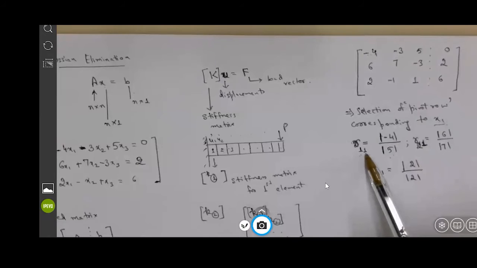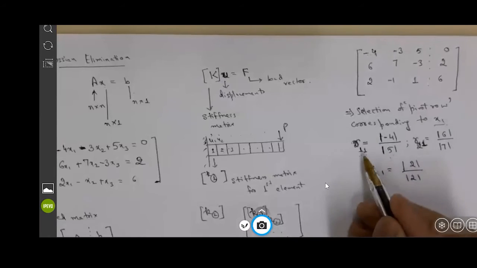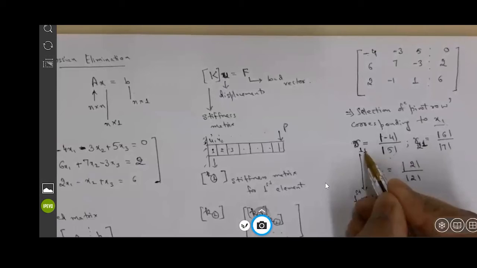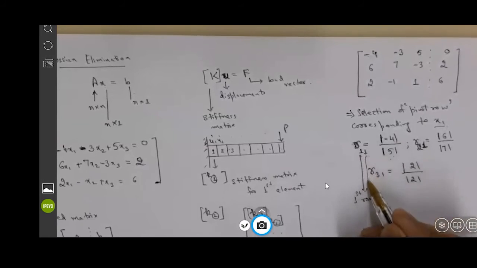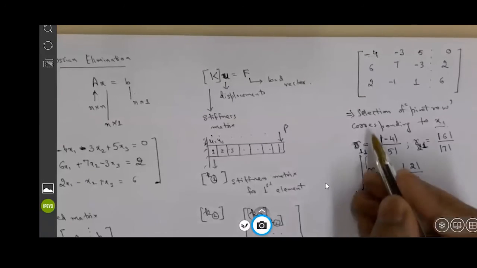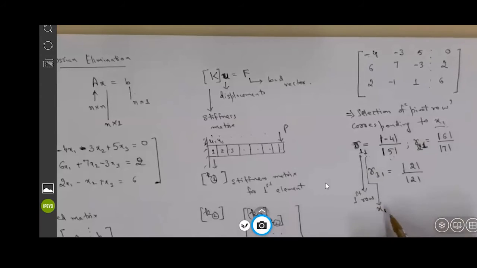Can you repeat that, Professor? Sorry, I missed it. It's okay. The first index represents the row, and the second index represents the column, basically the entry corresponding to x1.